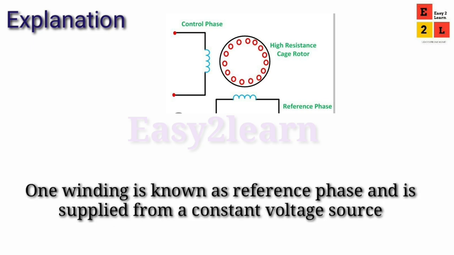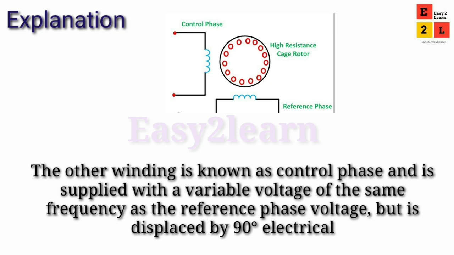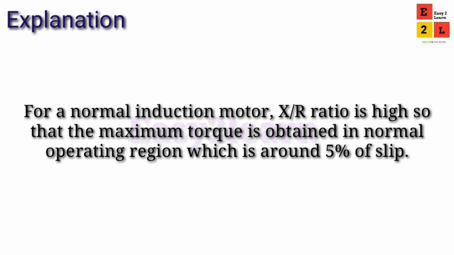One winding is known as reference phase and is supplied from a constant voltage source. The other winding is known as control phase and is supplied with a variable voltage of the same frequency as the reference phase voltage, but is displaced by 90 degrees electrical. For a normal induction motor, X/R ratio is high so that the maximum torque is obtained in normal operating region, which is around 5% of slip.